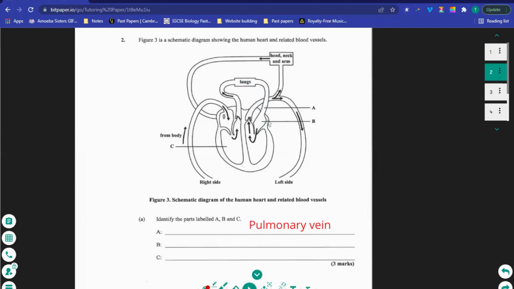A would be our pulmonary vein. B is where the oxygenated blood is first entering into. And this is at the top. So this is the top chambers. And this would be our left atrium. And below we know this is our ventricles. And this side, which is C, this is referring to the right side. So C would be our right ventricle. That would be our 3 marks there.